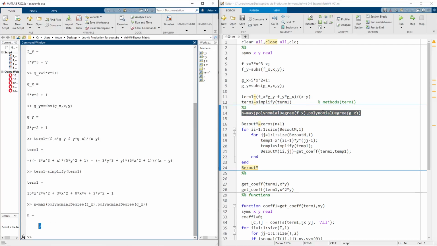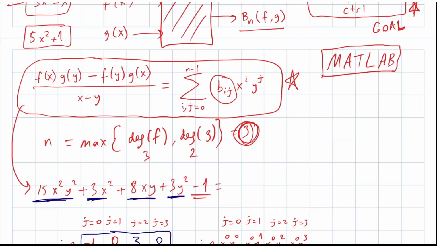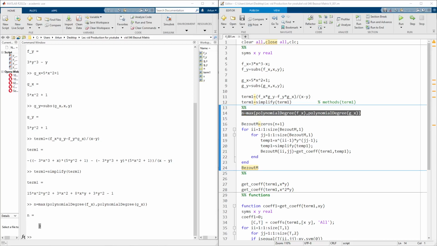It's 3. This is the formula we have talked about. Let's get back to the tablet. Here, this is the formula we just used. And then the Bézout matrix.